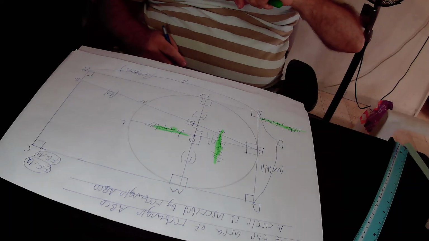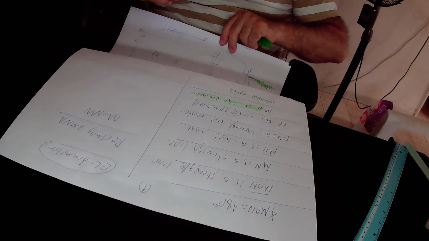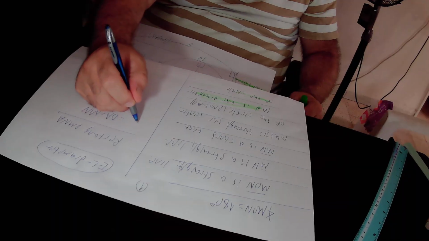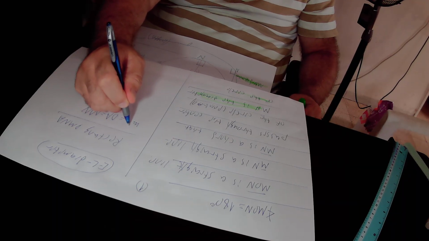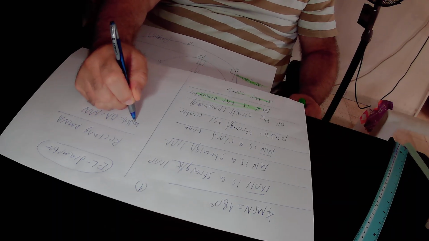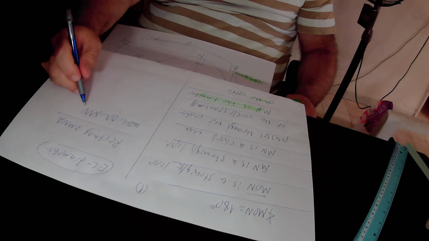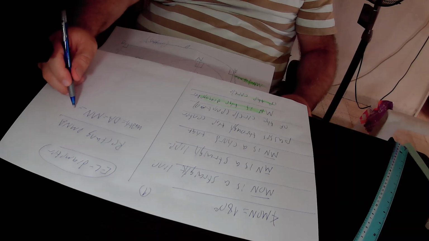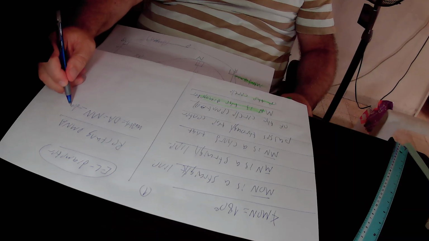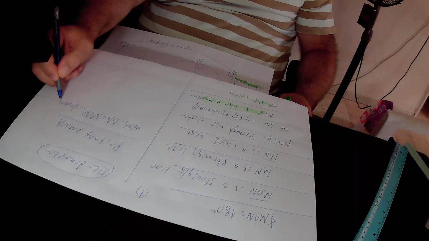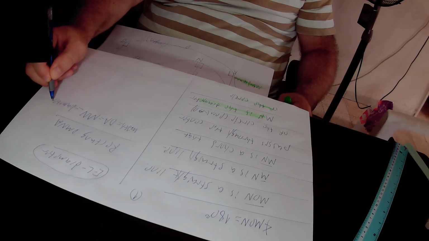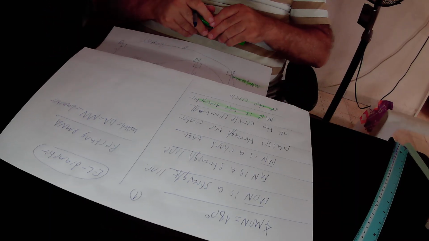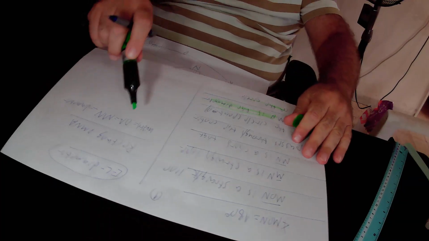DA is the width of rectangle ABCD, so you can write here that DA is the width of rectangle ABCD, and MN is the diameter of the circle. But we have already found out that EL is also the diameter of the circle.